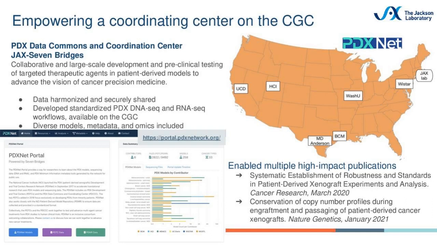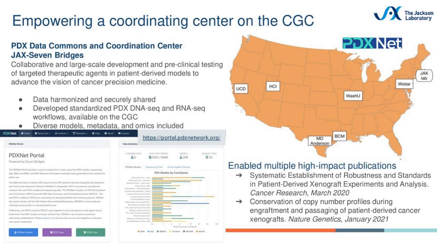So moving on, I want to highlight how the Cancer Genomics Cloud has been used as a platform for supporting data commons and a coordinating center. So Seven Bridges, together with the Jackson Labs, formed the PDXNet Data Commons.